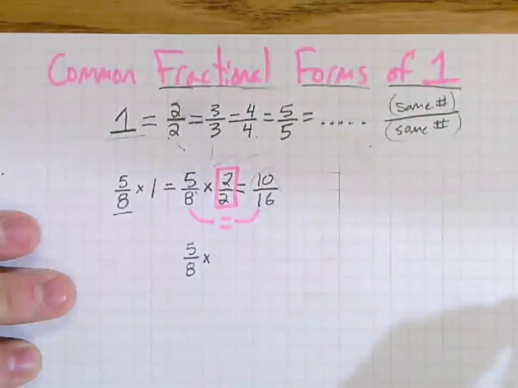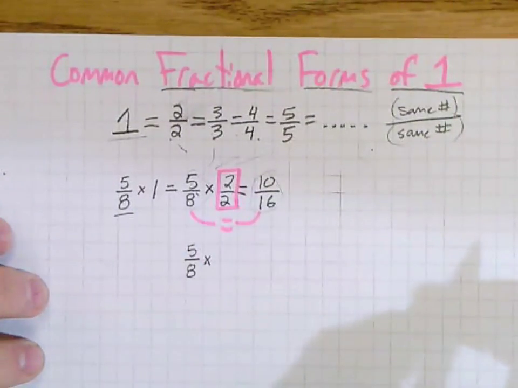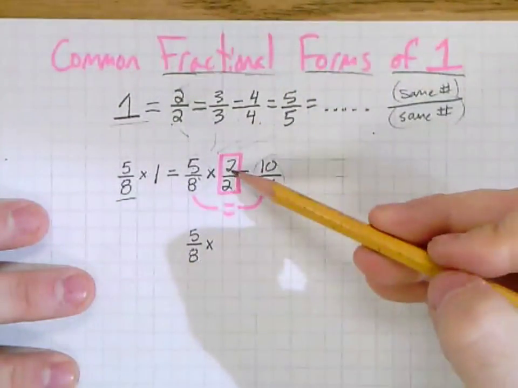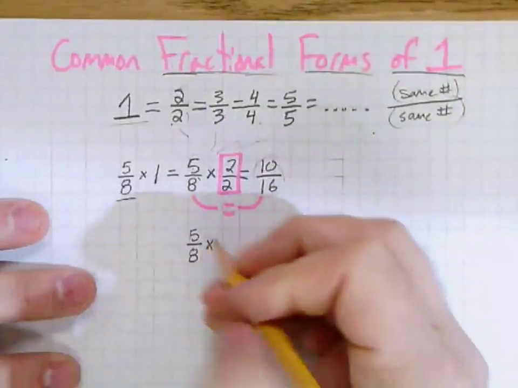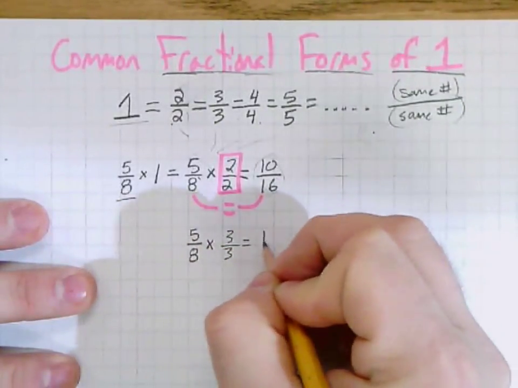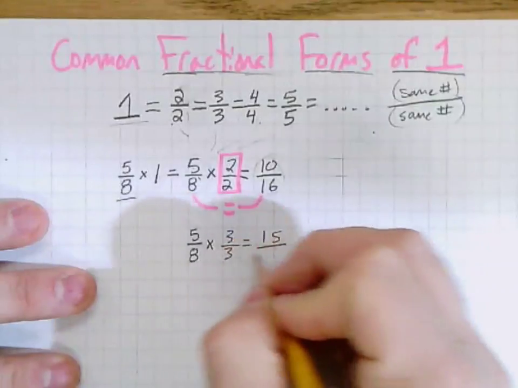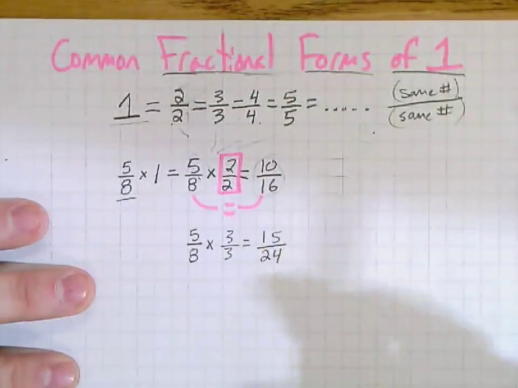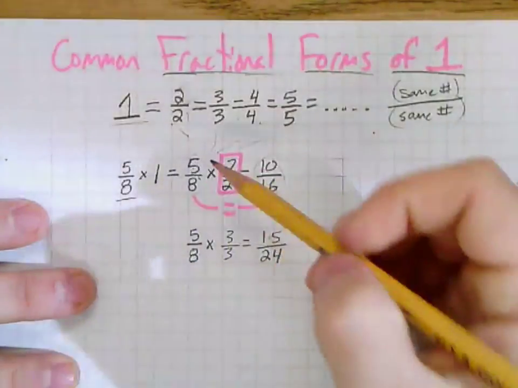So take 5/8 again. If I need to find 2 or 3 equivalent fractions, let's just pick the next fractional form of 1. We did 2 over 2. The next one would be 3 over 3. Let's see where that gets us. 5 times 3 is 15. 8 times 3 is 24. So again, we have another equivalent fraction of 5/8.